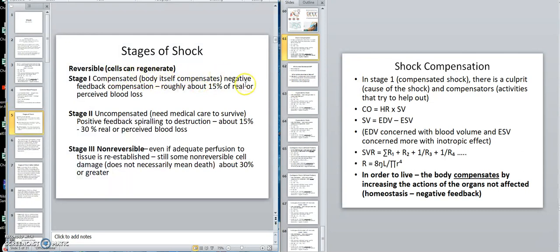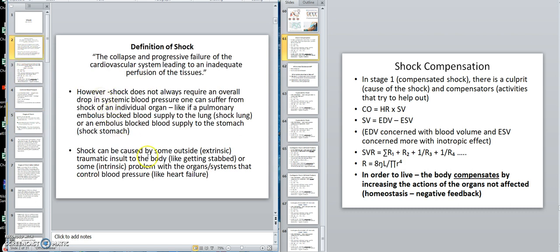So compensated shock. Compensated shock says that something insulted your body. Insult means anything that would deviate you from homeostatic range. An insult in clinical, we're going to say, is anything that would deviate you from homeostatic range. So the body has been insulted, whether extrinsically, we said, or intrinsically.